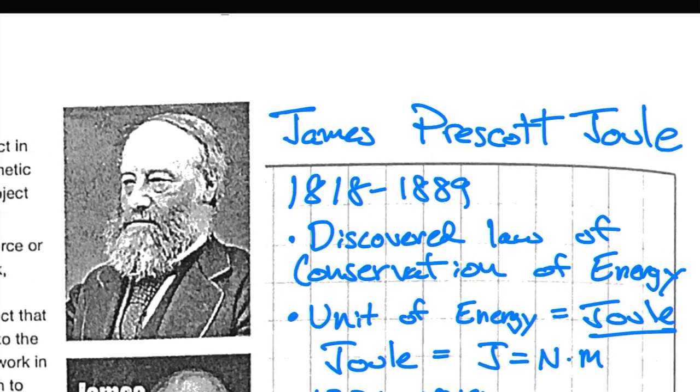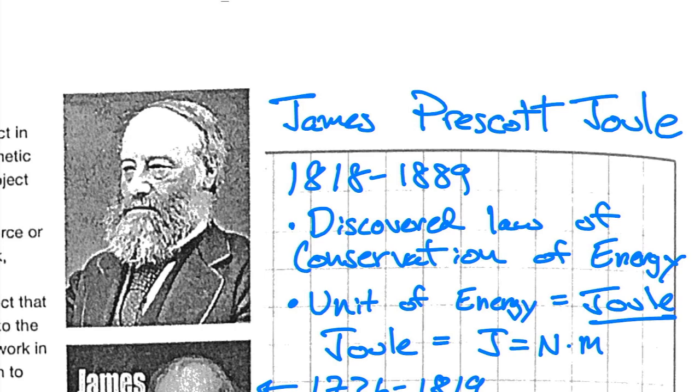On the top we have James Prescott Joule. He lived from 1818 to 1889, and he was an English physicist, mathematician, and brewer. He studied the nature of heat, and this led to his discovery of the law of conservation of energy, which in turn led to the development of the first law of thermodynamics.